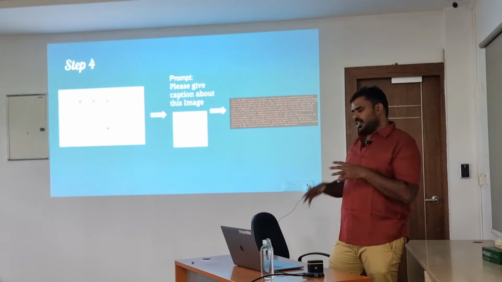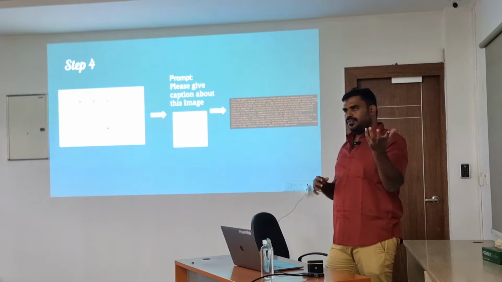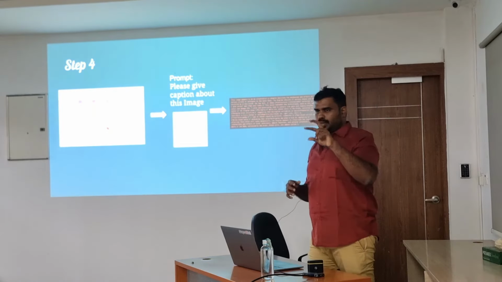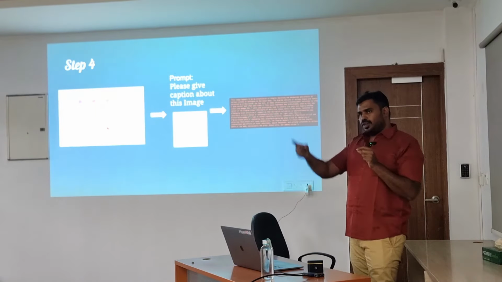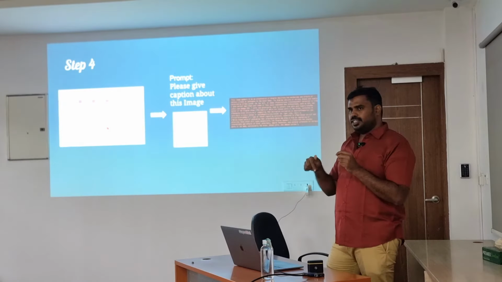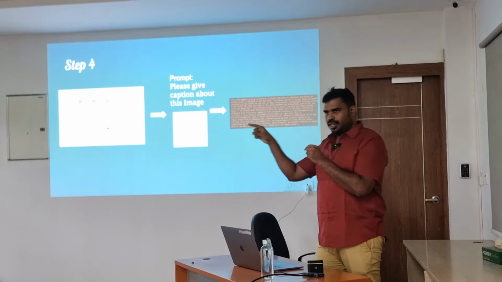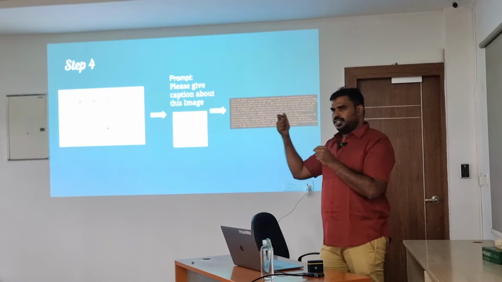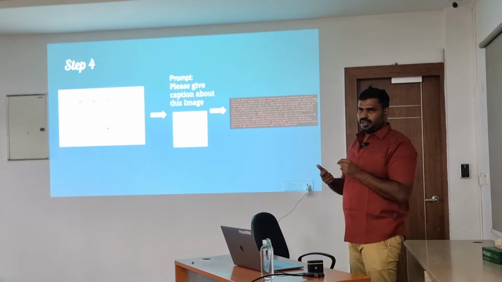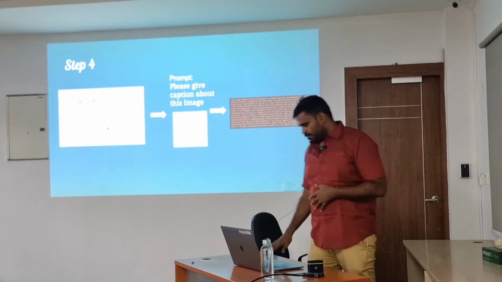So the first step is to get the PDF into a markdown, then convert the pages, crop the images, and send each cropped image to an AI model and get the captions for that particular image. So this is the fourth step.